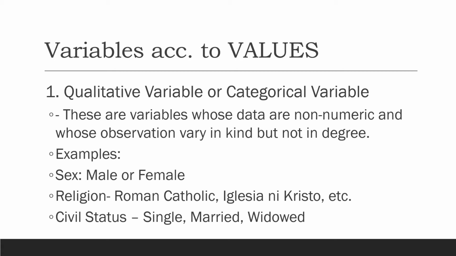You have your civil status, you're single, married, widowed, and those are now the examples of categorical variables. Walang mas mataas, walang numeric or walang numbers that could represent these categories, but these are now categories ng different topics or different variables natin. Okay?